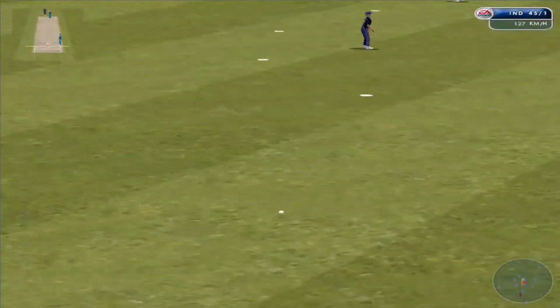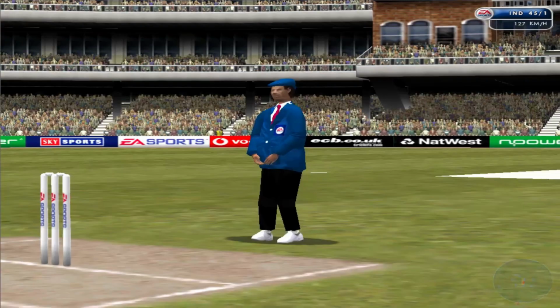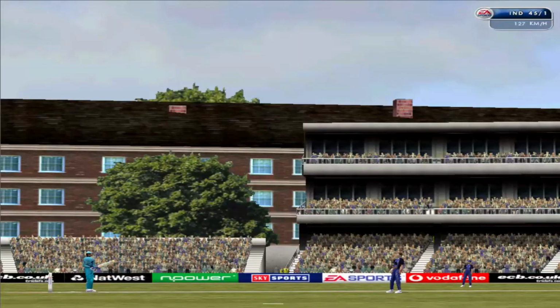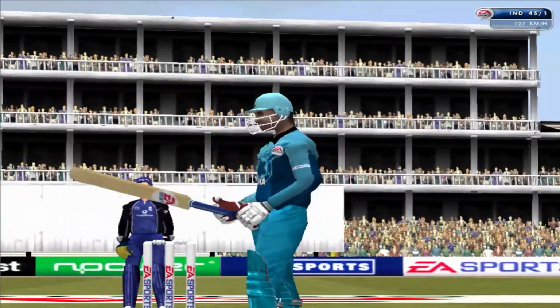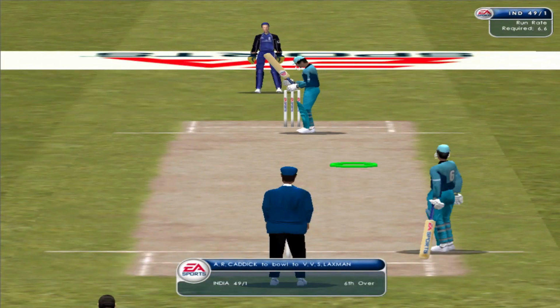It's high in the air. Carrick is not impressed. The straight drive's not the easiest shot to play, but that was perfect. Full face of the bat and good footwork. 1 now for 49. Carrick to Laxman.